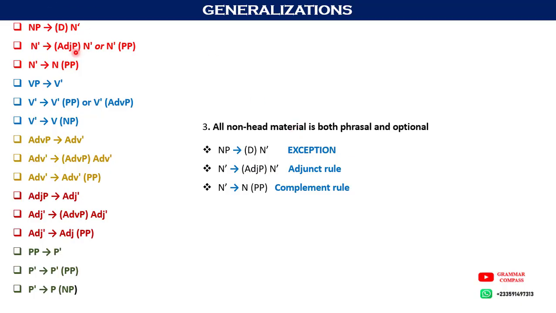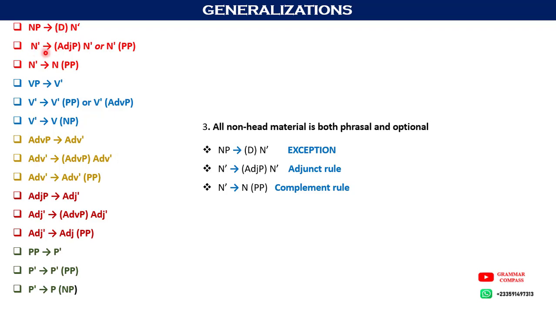So in the noun phrase, the noun is the head, right? So over here, we can see that the obligatory element is the N bar, which contains the head for the specifier rule. But we can say that in the noun phrase, this one is an exception because the determiner over here is not phrasal. So it is an exception to the generalization that we are making.